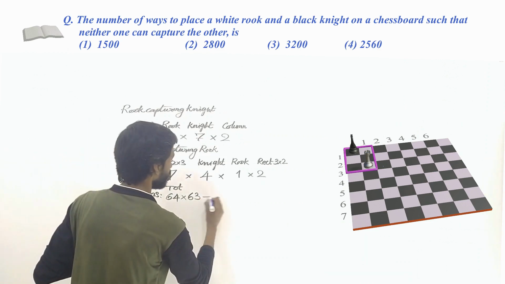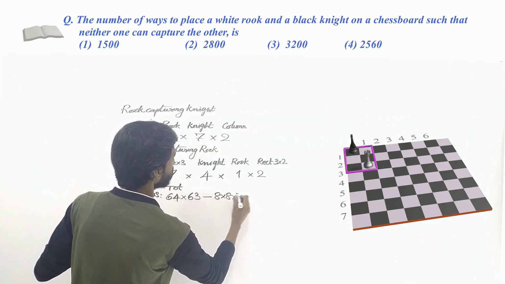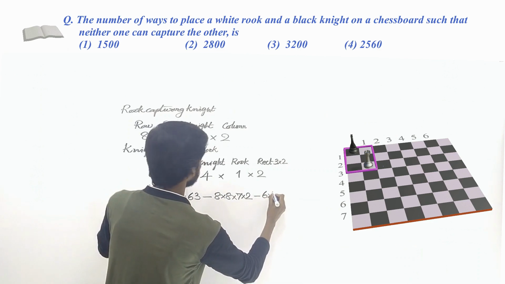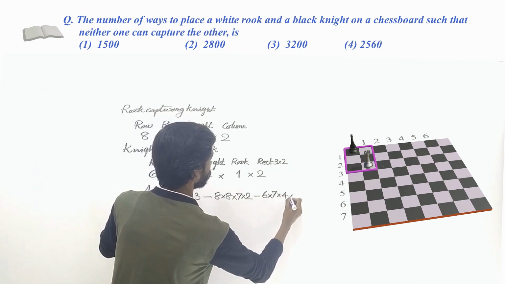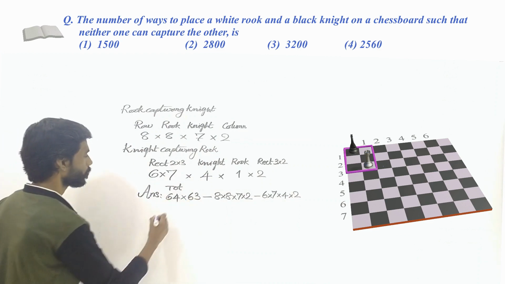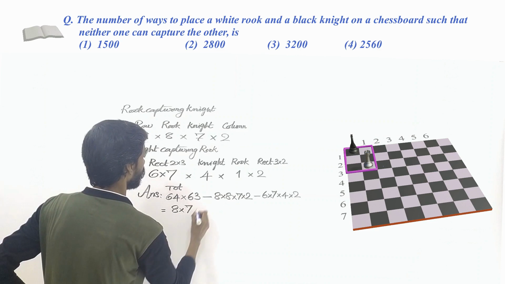Alright, minus, so this value I'm writing as it is. So 8 times 8 times 7 times 2 minus, so this value 6 times 7 times 4 times 2. Alright, so let us take out the common factors. So 8 times 7, this can be taken out.